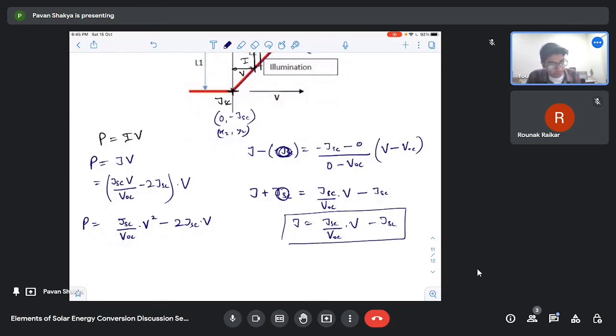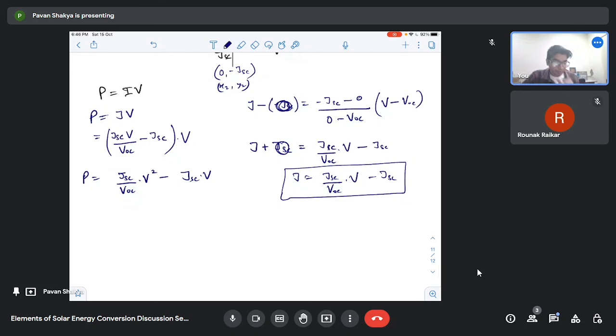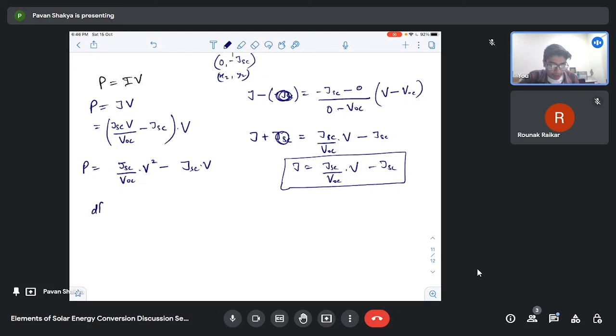Now we will put this in the two terms, minus JSC. Now if we are trying to find the maximum power, then the differentiation of the power with respect to voltage will be 0.